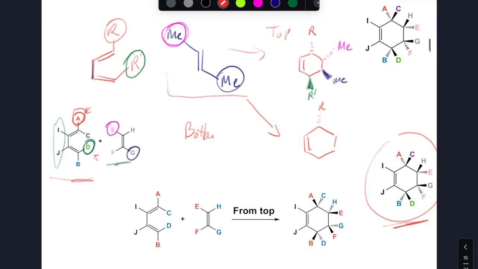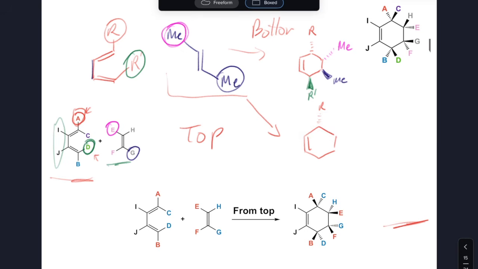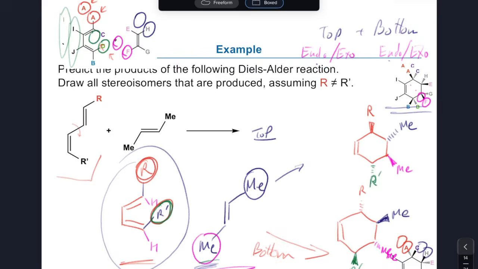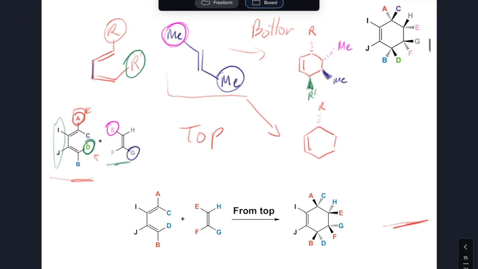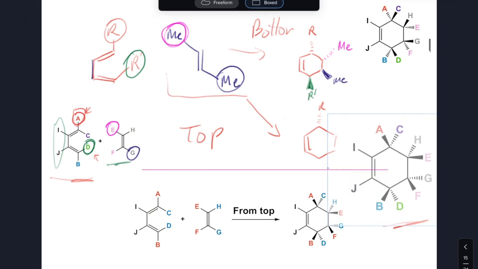This is actually the bottom geometry. What I did accidentally is I copied the same template twice. This one up here is actually from the bottom. We'll go back over here and grab the one from the top. Copy. There we go. That's the one there.